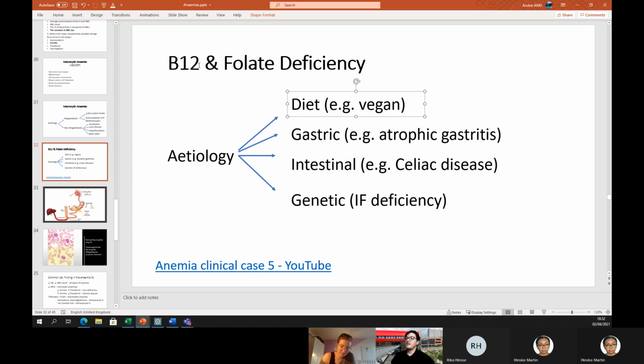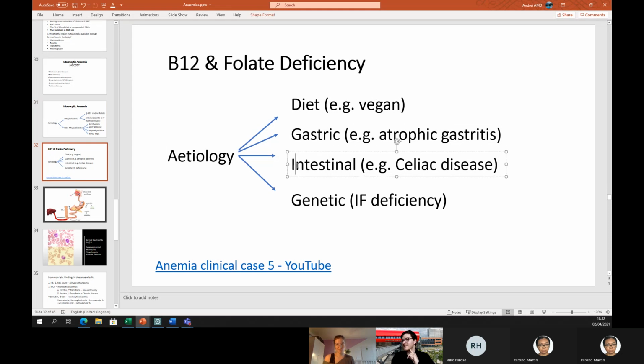You have two to three years' worth of B12 in your body, so veganism may produce megaloblastic anemia after about 2 to 3 years.